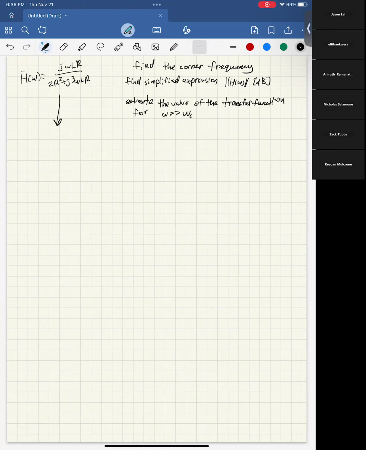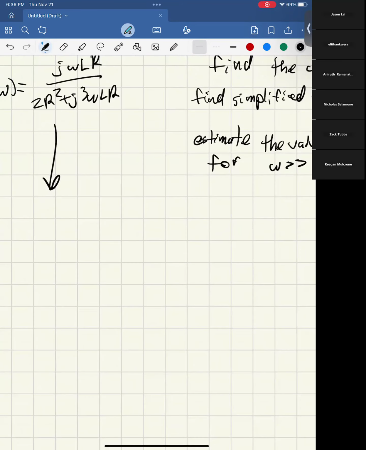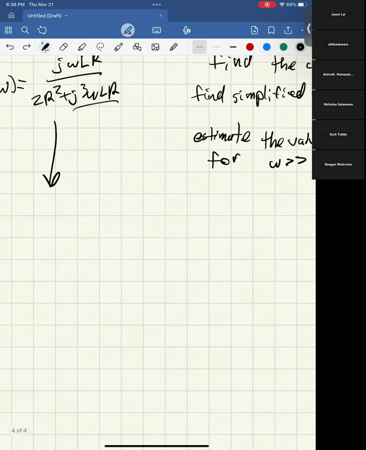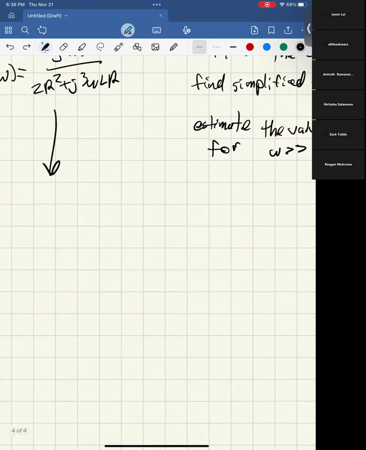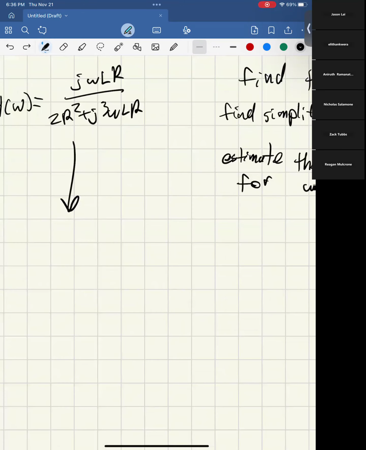So how are we going to turn this into standard form? We want to make this term and this term in the form of just omega over something. The main thing you want to do, my bad, is make this 2r squared term a 1.